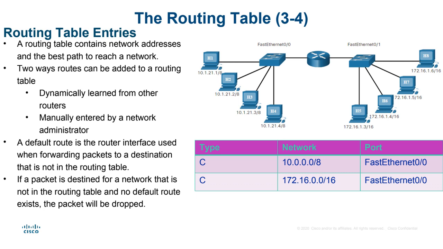If you want to specialize in networking, you will study this more in advanced courses. A default route is the router interface used when forwarding a packet to a destination that is not in the routing table. If a packet is destined for a network that is not in the routing table and you have no default route, the packet will be dropped. So it's always important to put a default route.